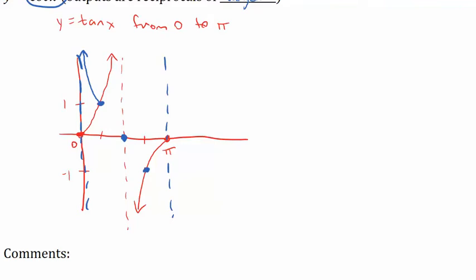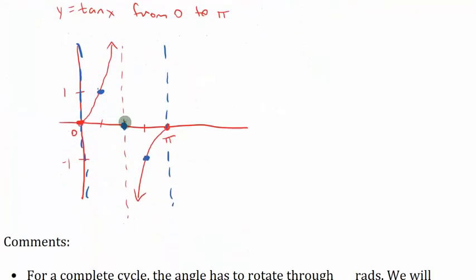Let me see if I can do this a little better. So it kind of curves over, and then starts going up rapidly. And then over here, it comes over and then starts decreasing rapidly towards that asymptote. And so we have one cycle of the cotangent function.